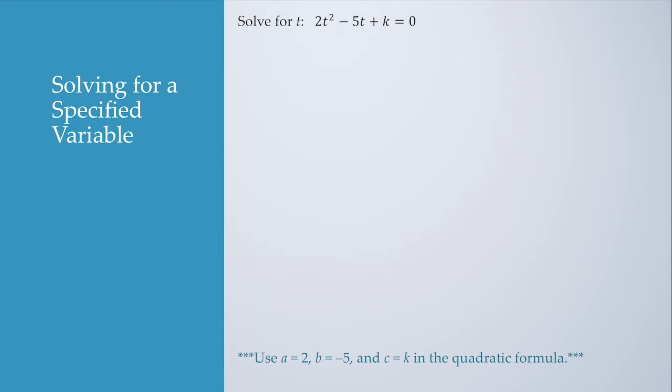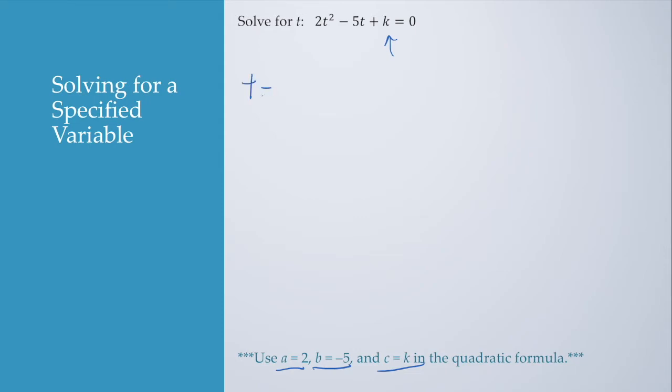Let's solve a quadratic equation for a specific variable. So I want to solve 2t squared minus 5t plus k equals 0. Now this is a quadratic, but I've got this k. I don't know what k is, and I'm not supposed to solve for k. I'm supposed to solve for t. So for this, we're going to use the quadratic formula by letting a equal 2, b equal negative 5, and c equal k.